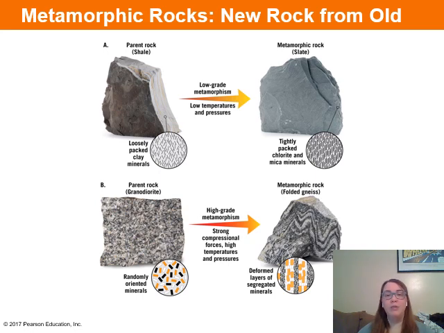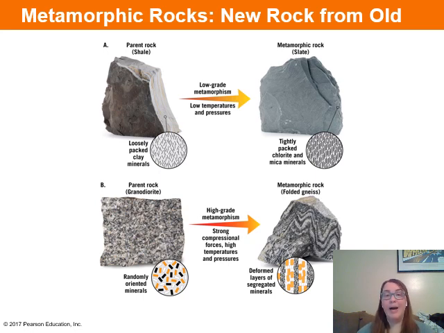But with low temperatures and pressures from that low-grade metamorphism, just a little bit of change, we're going to turn this sedimentary shale into a new metamorphic rock called slate. And here, because it's just low-grade metamorphism, a little bit of change, they actually look very similar to one another. The main difference is that we've had more compaction from that increased pressure. We're squeezing all those particles into a smaller area, making them more tightly packed together.